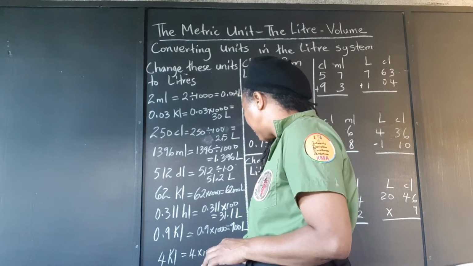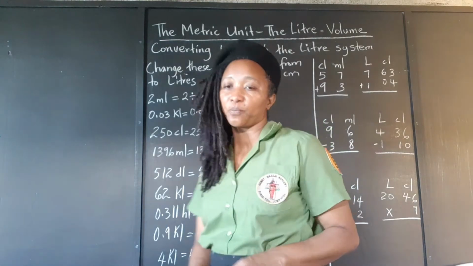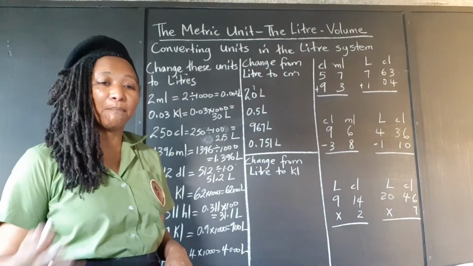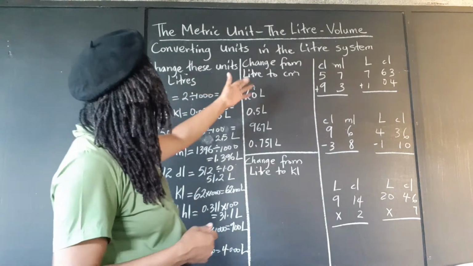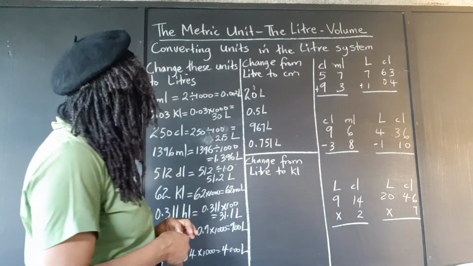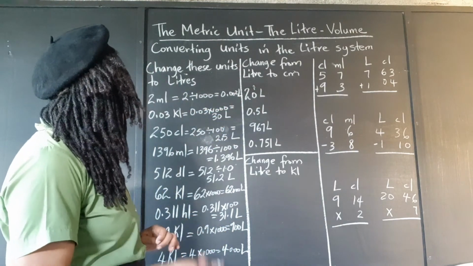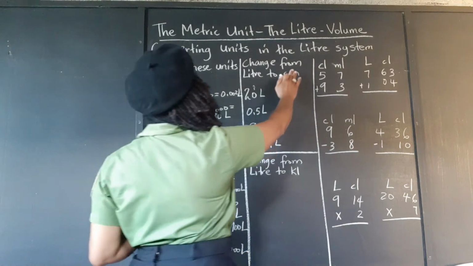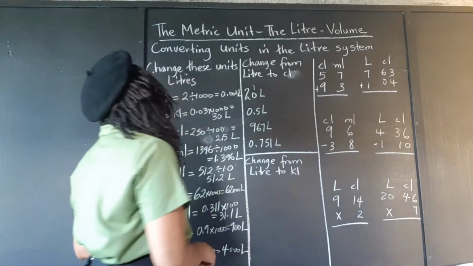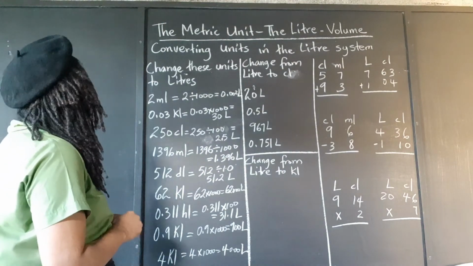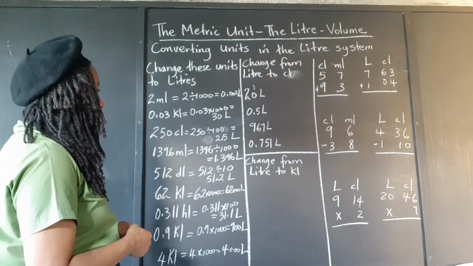And 4 kiloliters will be 4 times 1,000. That's 4,000 liters. How about if we're changing back to liters? From liter to another unit. Alright, so there are 100 centiliters in a liter.